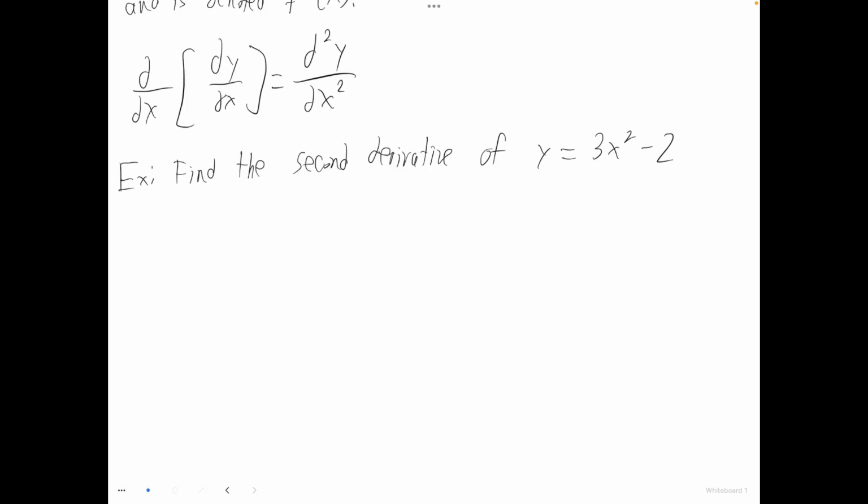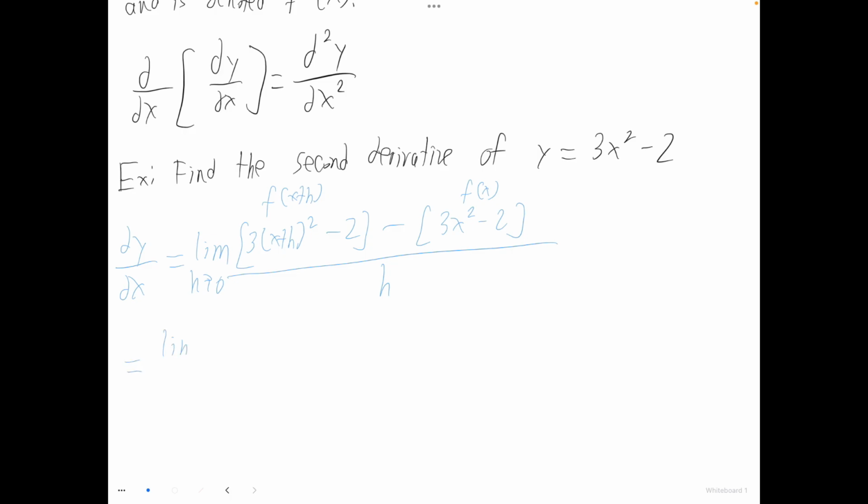First we want the first derivative, dy over dx. This is the limit as h goes to 0 of 3 times x plus h squared minus 2, so this is our f of x plus h, minus our f of x, which is just 3x squared minus 2. Then we divide that all by h.